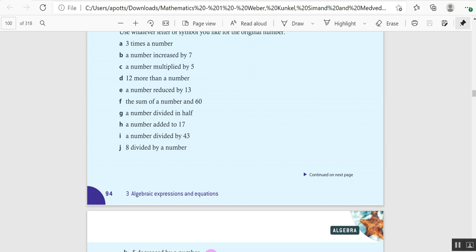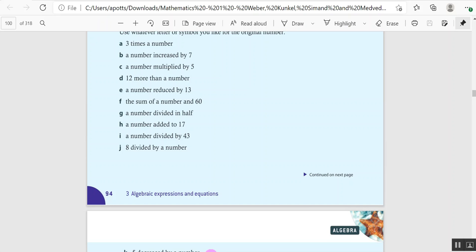No, I'm on J. 8 divided by a number. How do I write divided by? No, it must be the 8 on the top, and then the divide, then Y.